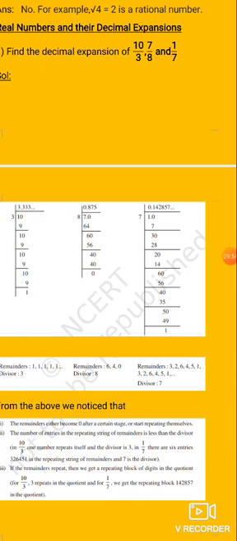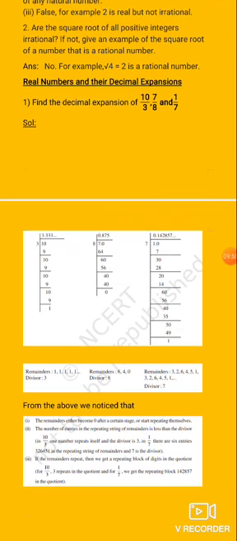For example, in 10 by 3, one number repeats itself. Which one is the number? In 0.333, the number 3 is repeating, and the divisor is 3. The remainder repeating is 1, 1, 1, etc. In the second case, 1 by 7, there are 6 entries repeating, that is 3, 2, 6, 4, 5, 1 remainders, and the divisor is 7.